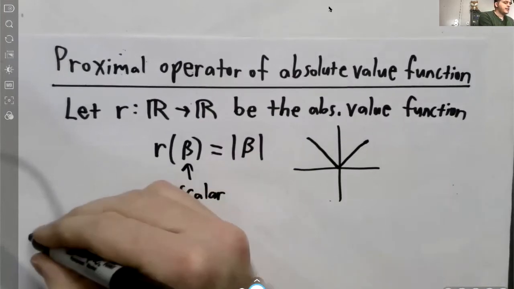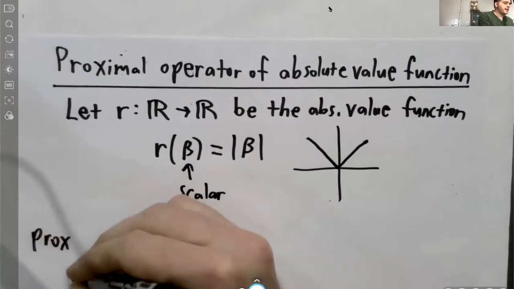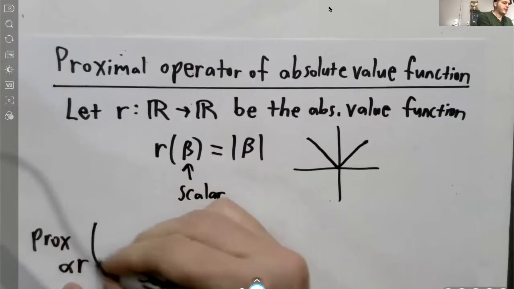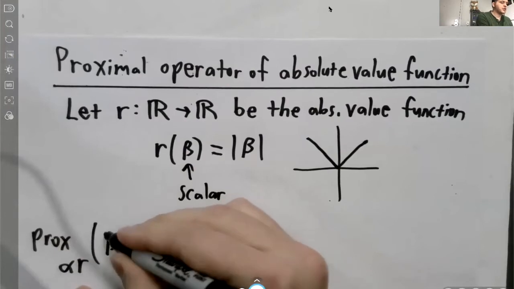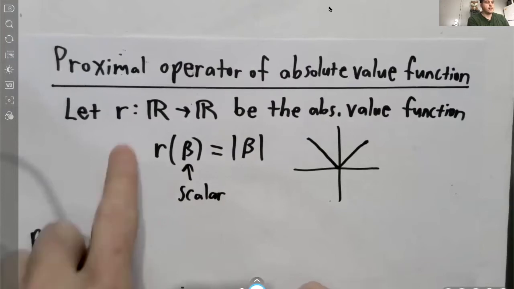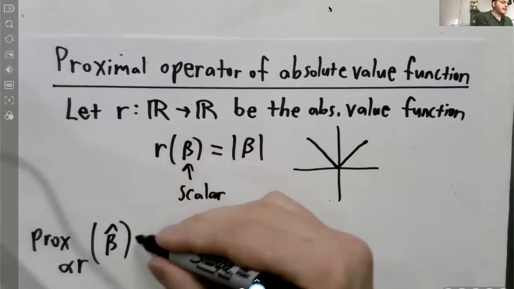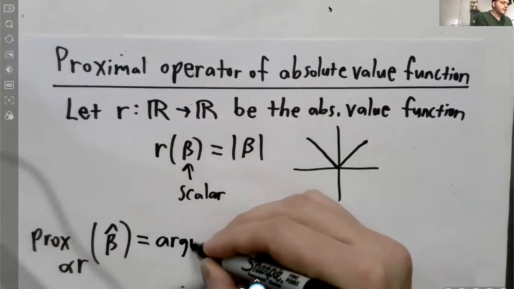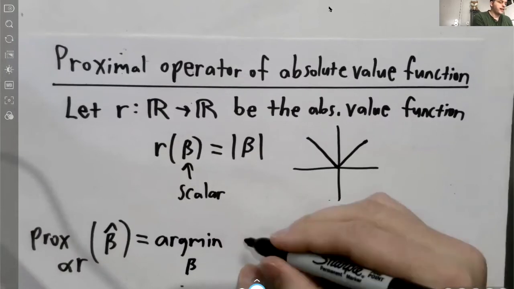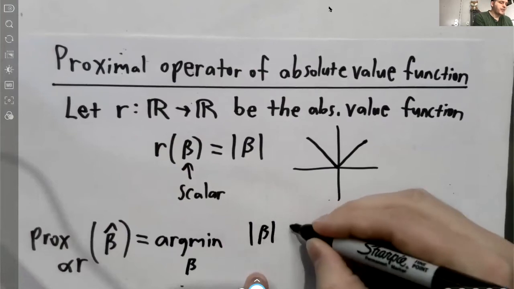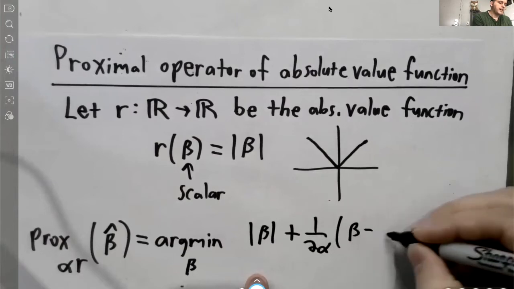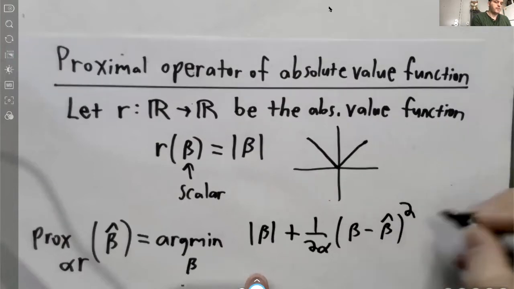So let's compute the proximal operator of this absolute value function, with parameter alpha. This proximal operator is going to take a scalar beta hat as input. Beta hat is a scalar now because r is just a function from R to R. And the proximal operator is going to solve this little mini optimization problem: we want to minimize the absolute value of beta plus 1 over 2 alpha times (beta minus beta hat) squared.